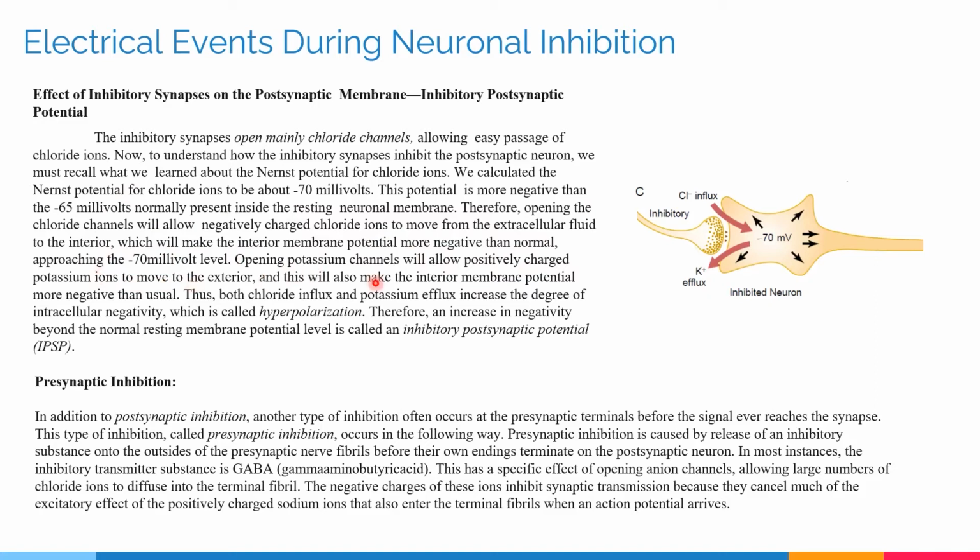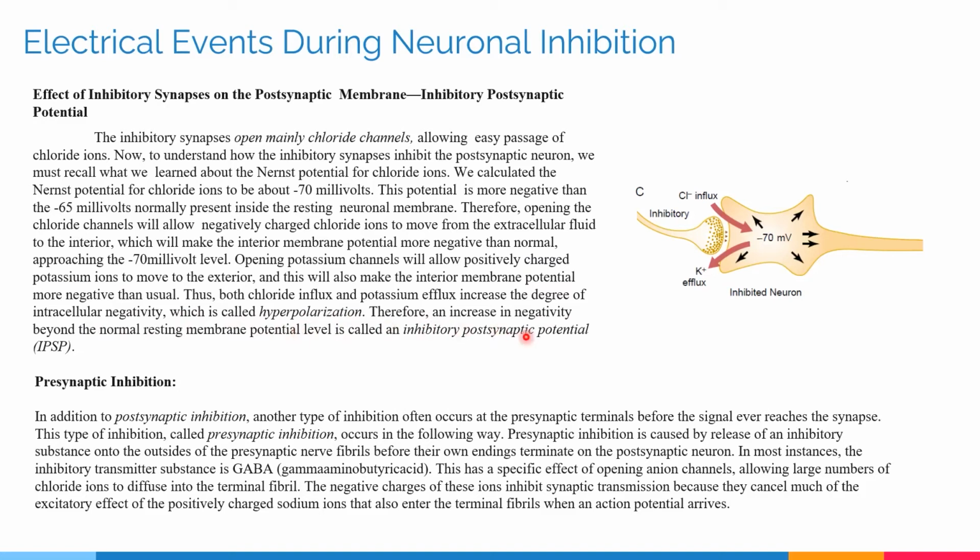Opening potassium channels will allow positively charged potassium ions to move to the exterior, and this will also make the interior membrane potential more negative than usual. Thus, chloride influx and potassium efflux increase the degree of intracellular negativity, a phenomenon known as hyperpolarization.